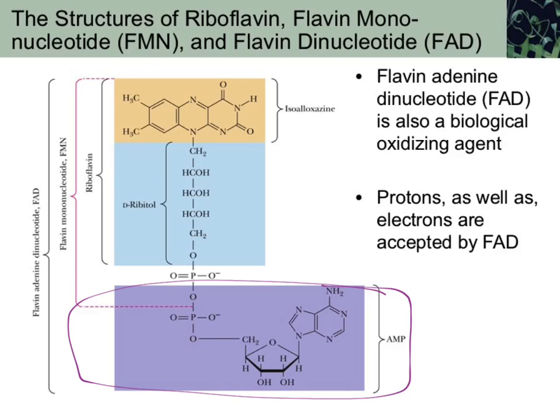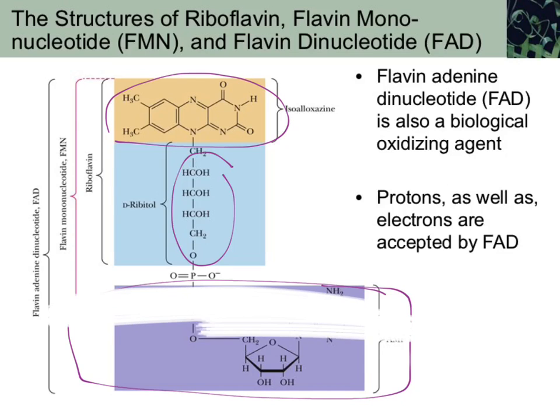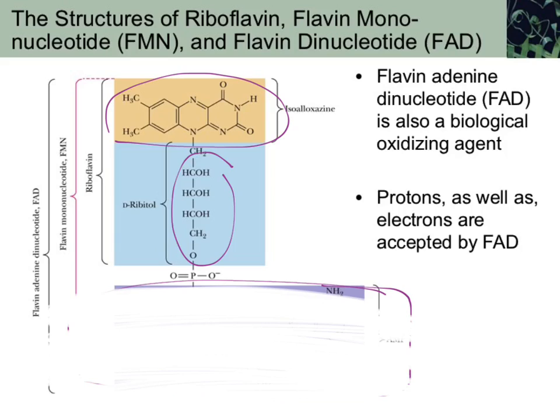And then what do we have up the top? Well, we have a sugar connected to a nitrogenous base, also known as another nucleotide. So we're looking at that dinucleotide aspect again. There are other forms of FAD. FMN is one. Flavin mononucleotide, meaning all we have is the flavin. So you get rid of the adenine.